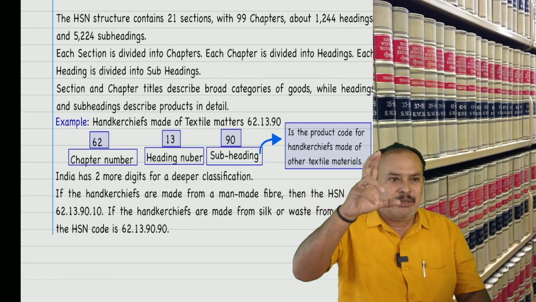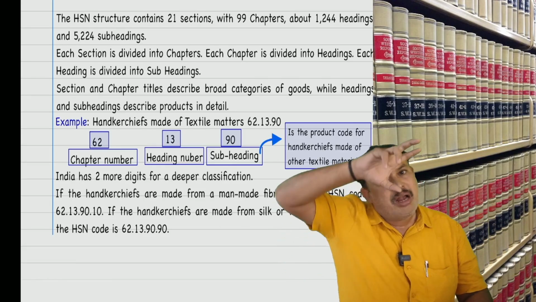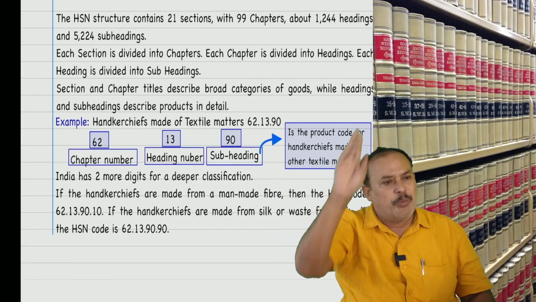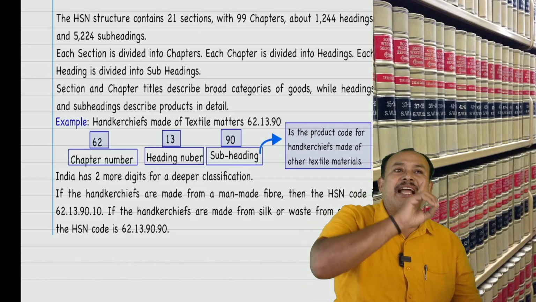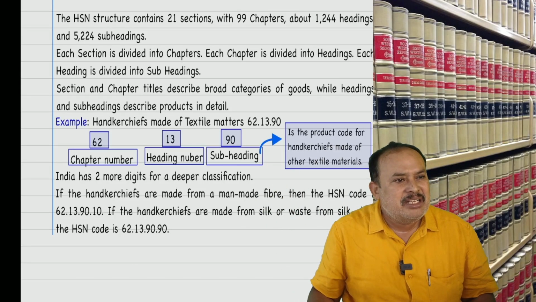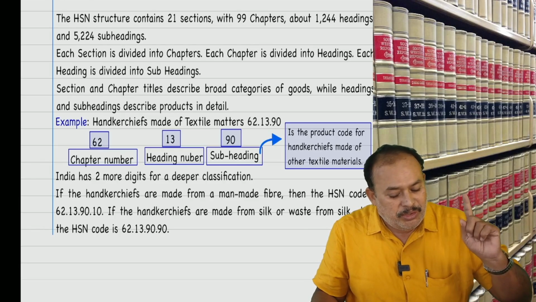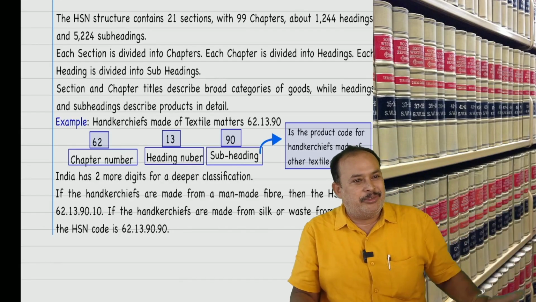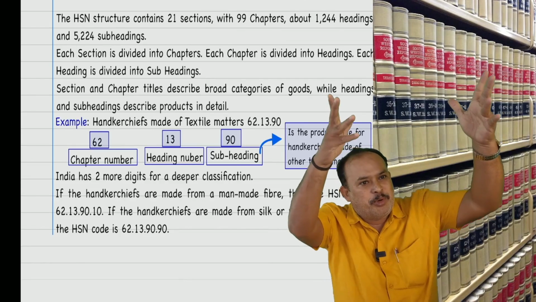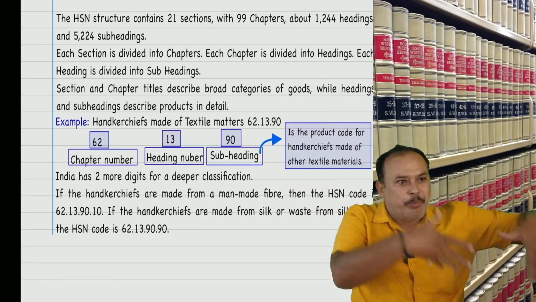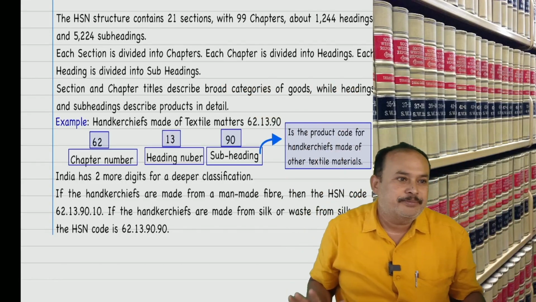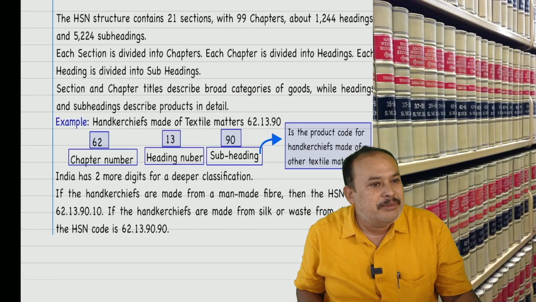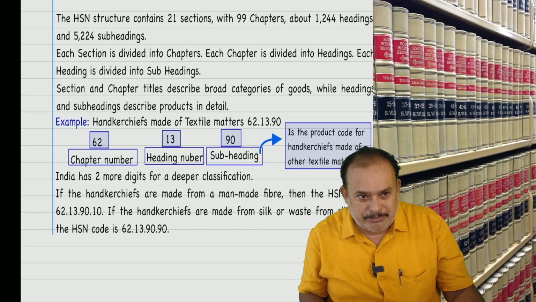Like that, a number is assigned. All member countries of WTO globally, for a handkerchief they won't say handkerchief, they will say 621390. You may be in Singapore, Malaysia, Ethiopia, USA, Uganda, or in India. You get my point? It's a uniform coding.